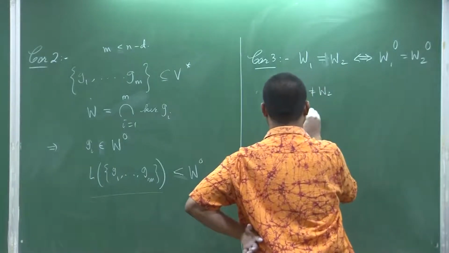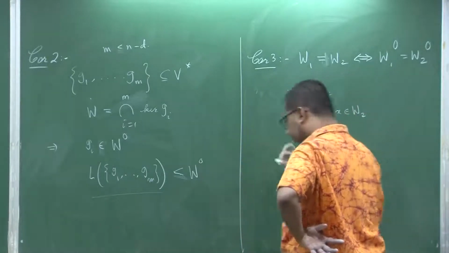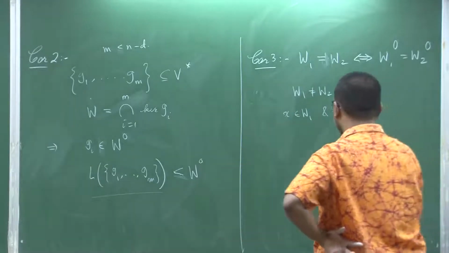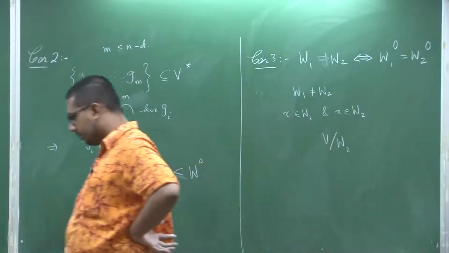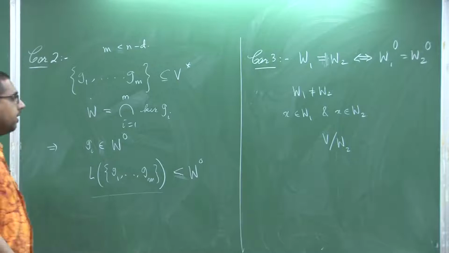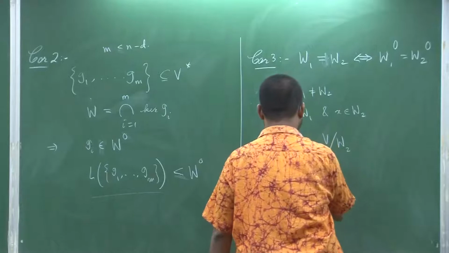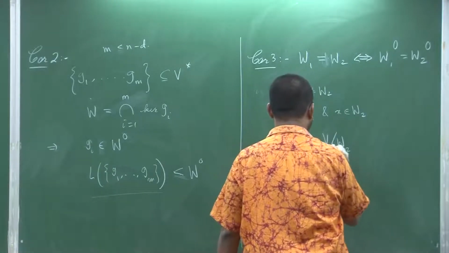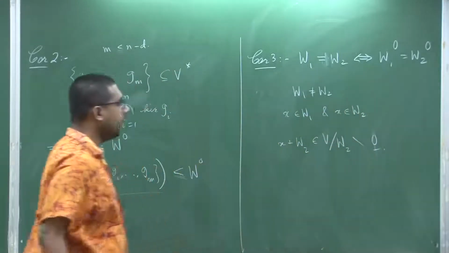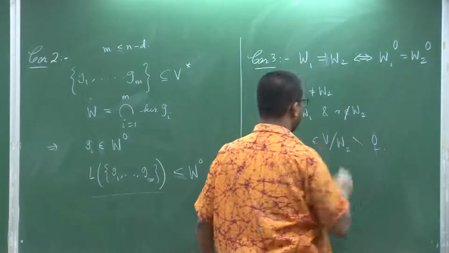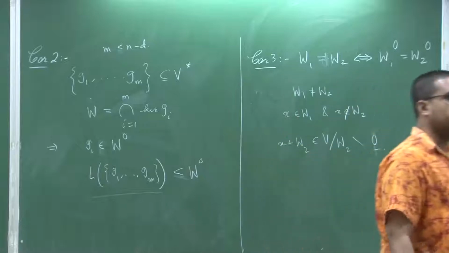So, that means there is a vector x lying in W1 which is not in W2. So, you pass through V mod W2, and x plus W2 is a non-zero vector in V mod W2, because x does not lie in W2. Therefore, it has one non-zero coordinate.